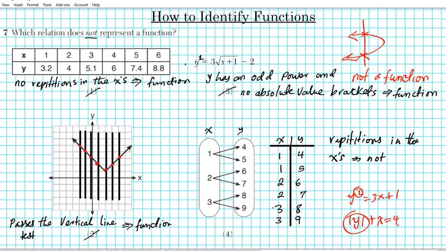A function assigns every input to exactly one output. You cannot have one input being assigned to more than one output. Okay, so one input, one output. So this is not a function, and ladies and gentlemen, the answer for question number 7 is for a relation that is not a function.